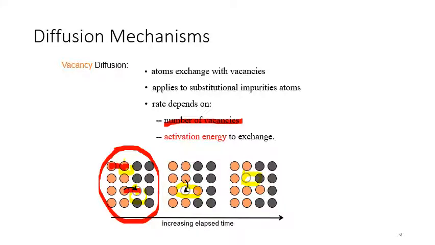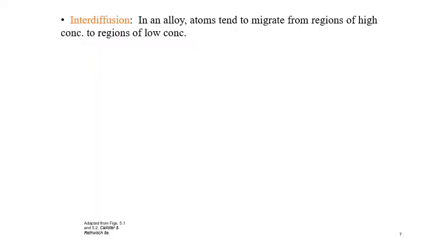It needs some energy, which we call activation energy. Each atom should possess some activation energy to diffuse from its original place to the neighboring site. So vacancy diffusion is facilitated by the movement of the atoms themselves.